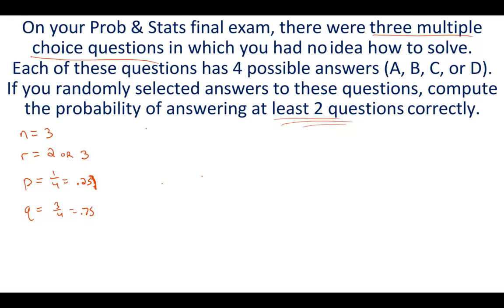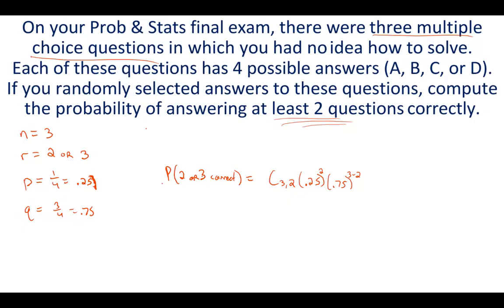So I've got all we need to go ahead and set this up, except since this was at least 2, we're going to be adding 2 of them together. So the probability of 2 or 3 correct is going to be a combination 3 choose 2, 3 comma 2, times 0.25 to the R, which in this case, the first R will be 2, times 0.75 to the N minus R, so 3 minus 2.